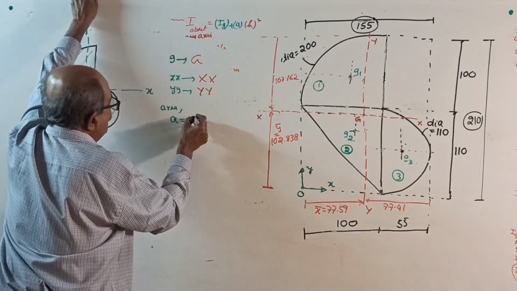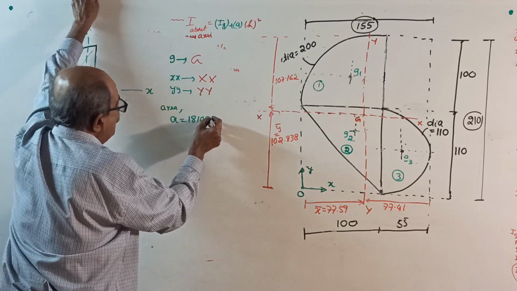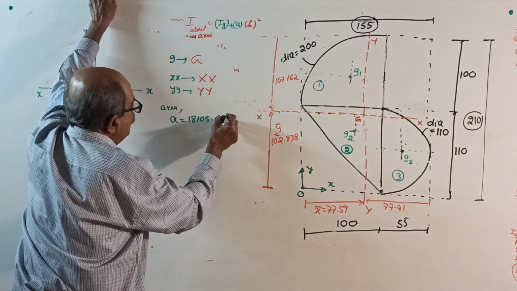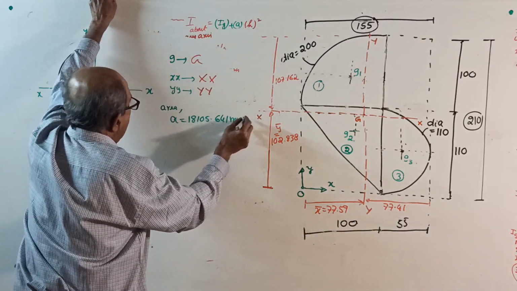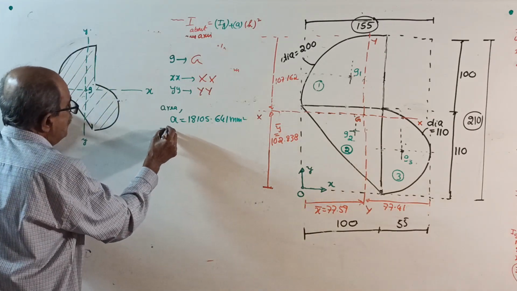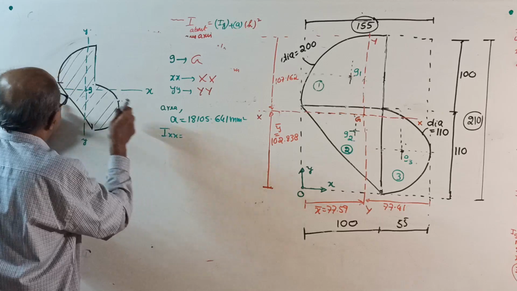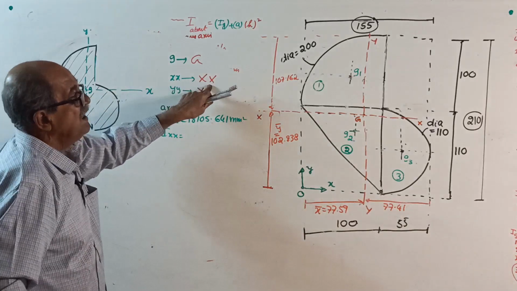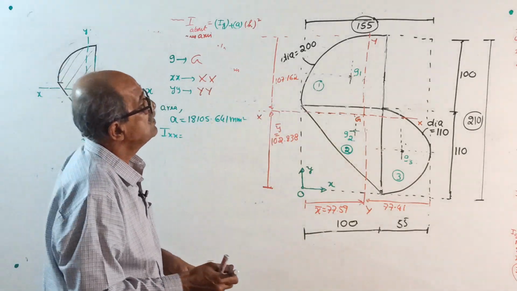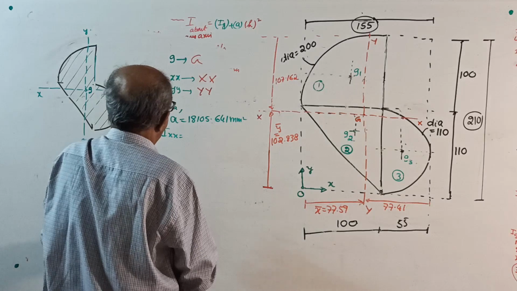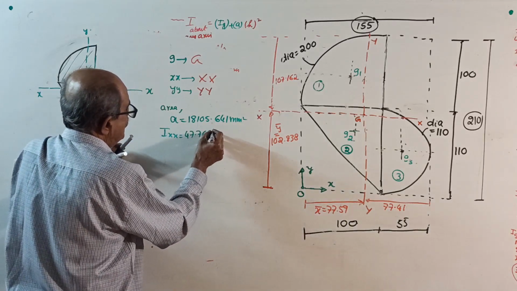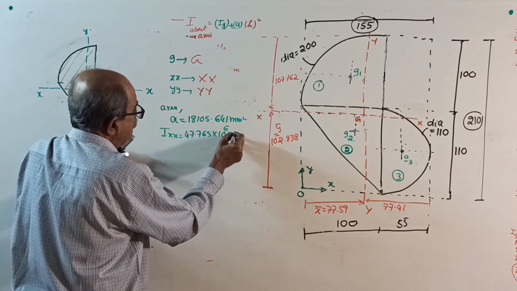18105.641 mm square, already you got earlier. And I about its x-axis is nothing but your I about x-axis you just now got, 47.765 × 10^6.